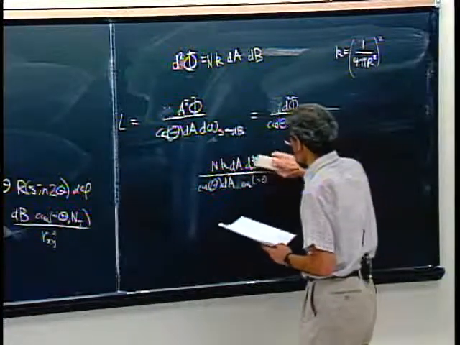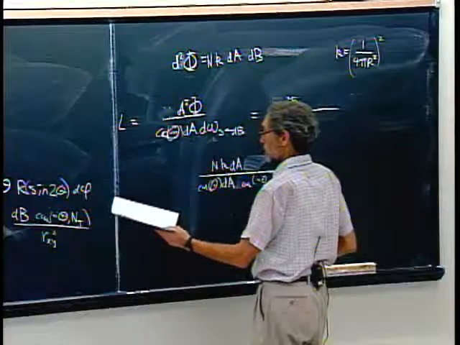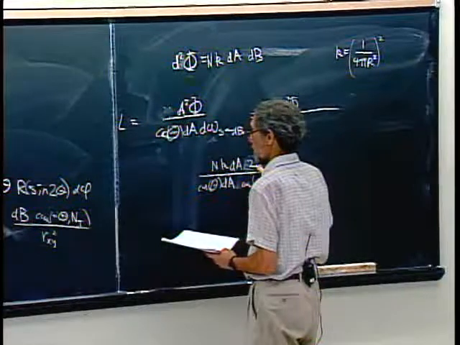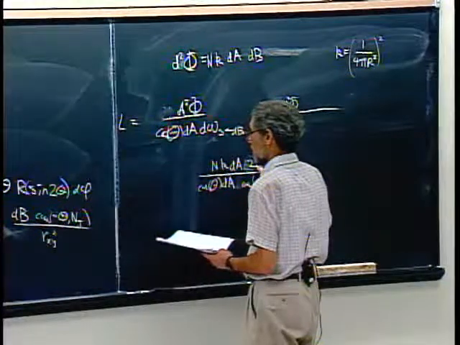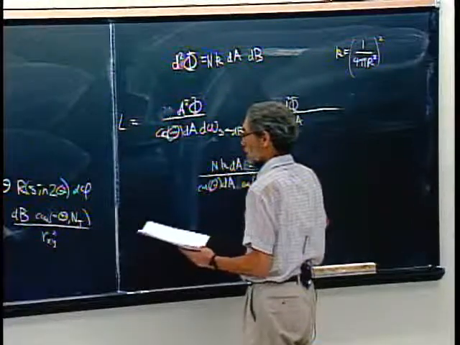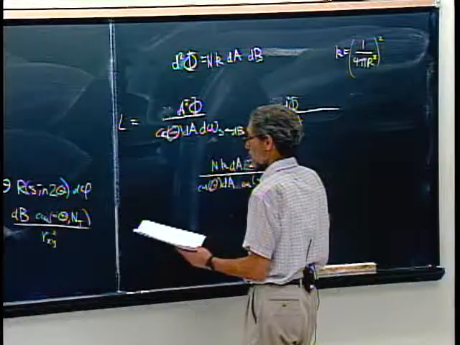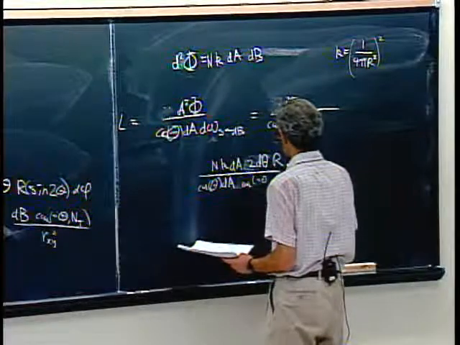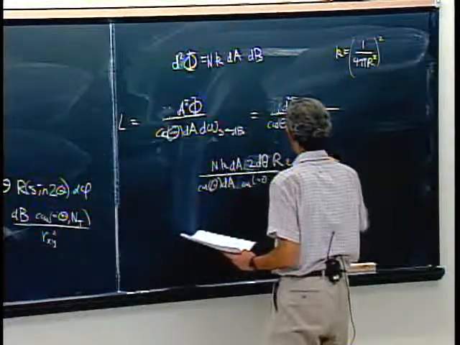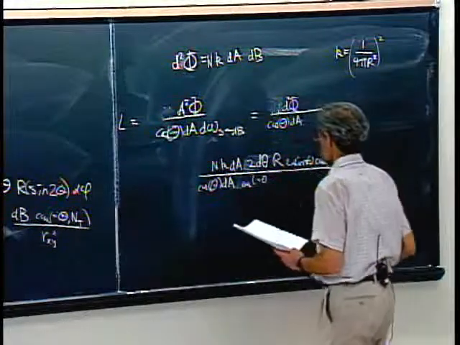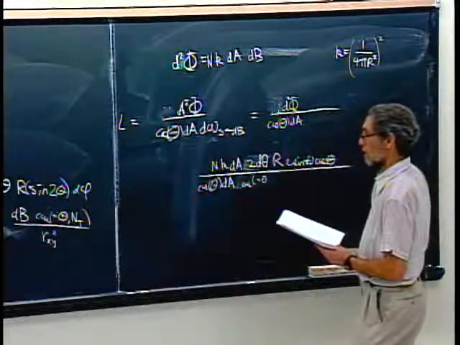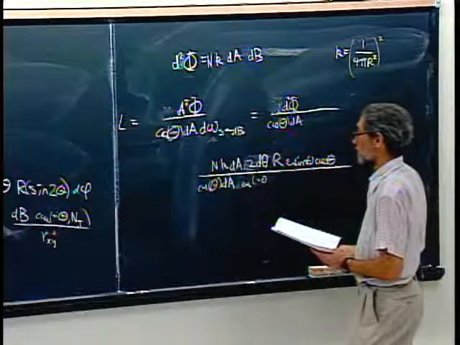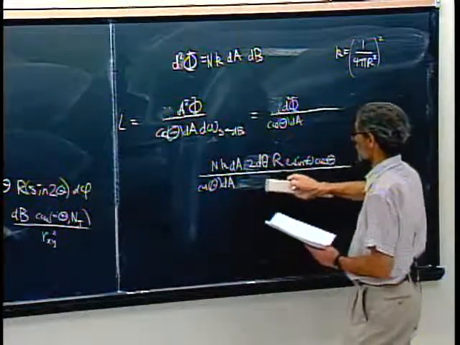Okay, so for dB, I'm going to write this one, 2 d theta times r times sine 2 theta, which is 2 sine theta cosine theta, and then I have, and wait a minute, does this go in the numerator or denominator?